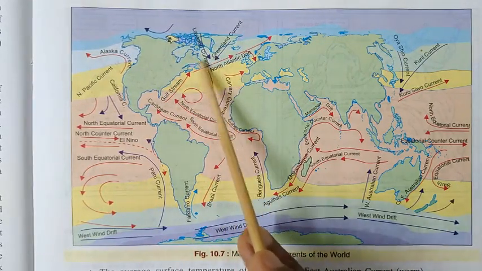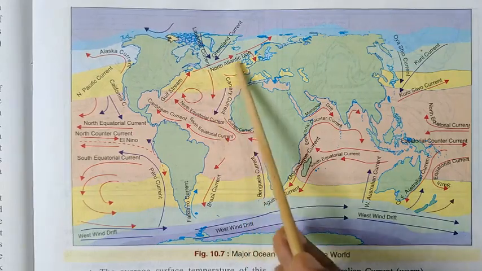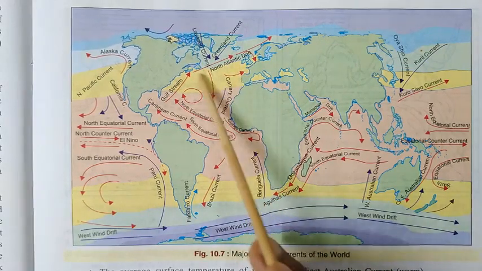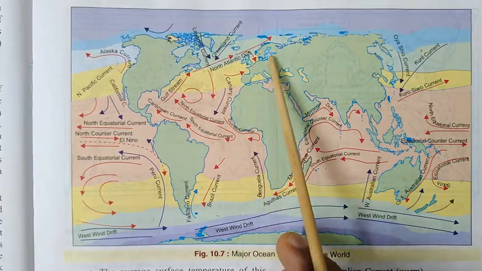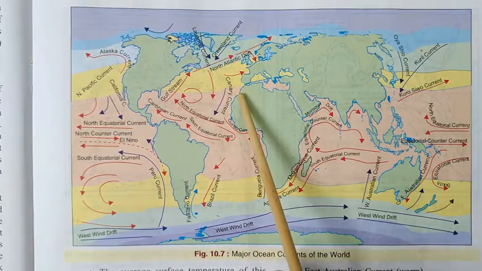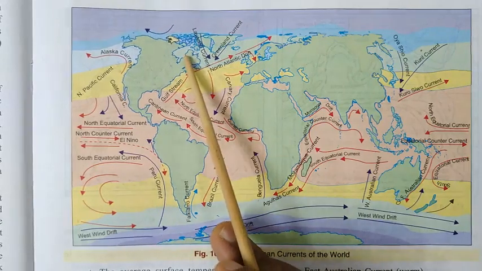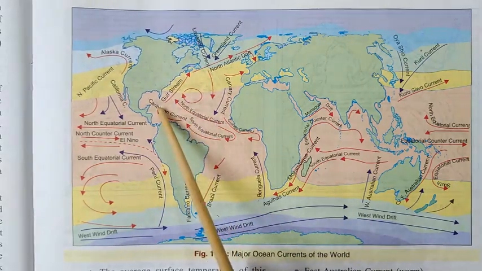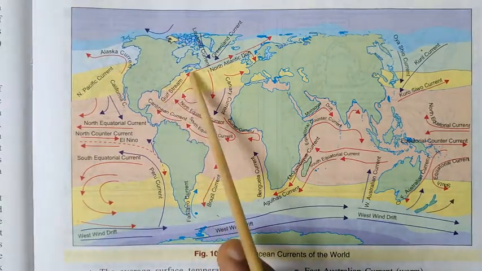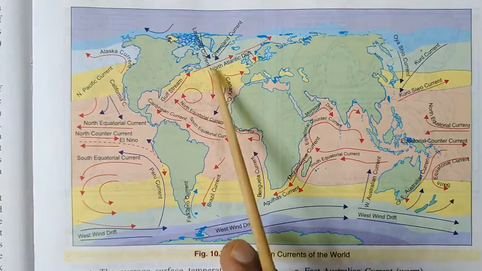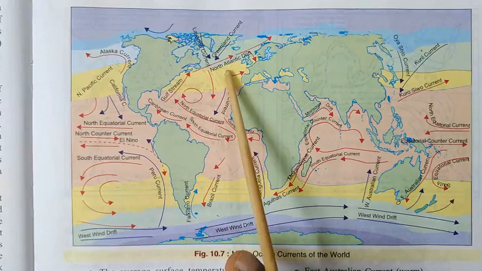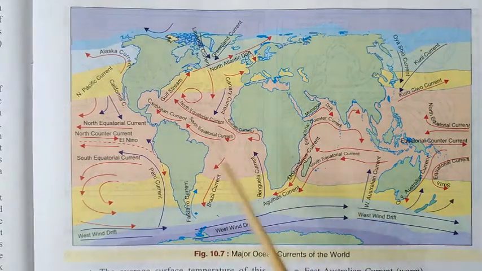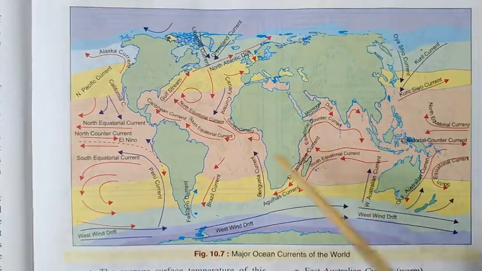This is how it forms a very important fishing bank, called Grand Banks, which attracts fishermen not only from Europe and northern Africa, but also from North America and even the Caribbean islands. The fishermen come here to catch fish because this is the biggest fishing bank, known as Grand Banks.